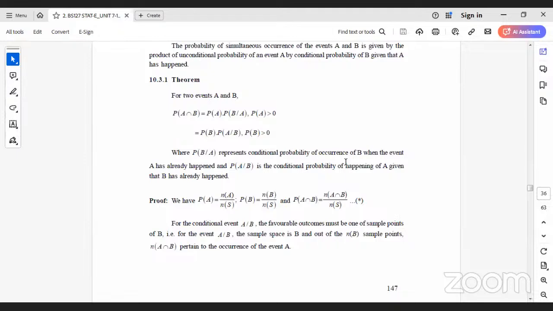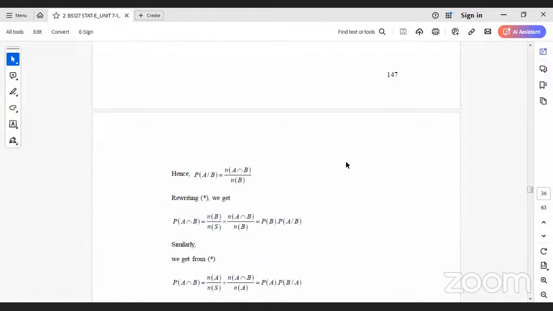For the conditional event A|B, the favorable outcomes must be among the sample points of B, so the sample space is B. Out of the n(B) sample points, n(A ∩ B) pertain to the occurrence of event A. Hence P(A|B) = n(A ∩ B)/n(B).